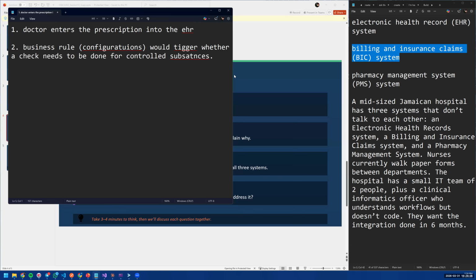And then, okay, so do we have an if statement? I guess that would be the if statement. So we have if controlled, then require pharmacy approval. Else proceed automatically.